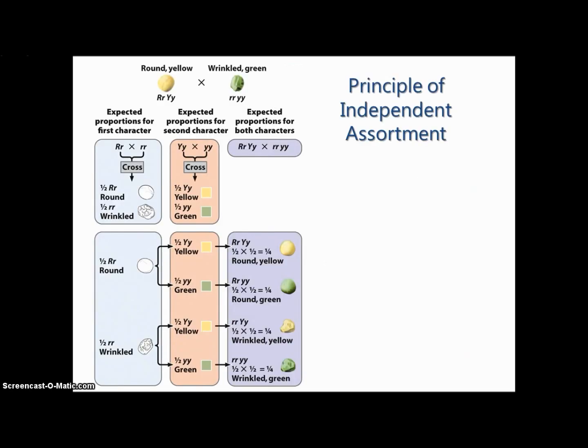We can again use the rules of probability to calculate the expected genotypes from a certain cross based on the individual probabilities. So what do I mean by that? The first thing that you want to do is calculate the expected outcomes for each phenotype separately.